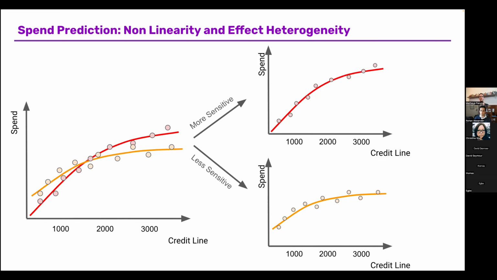In this situation, you're actually classifying the entire curve. We're saying, okay, this customer that has this entire curve is more sensitive, and this other type of customer that has this entire curve is less sensitive to credit line. Which is very hard, because you have to separate the entire curve between one and the other type of customer.